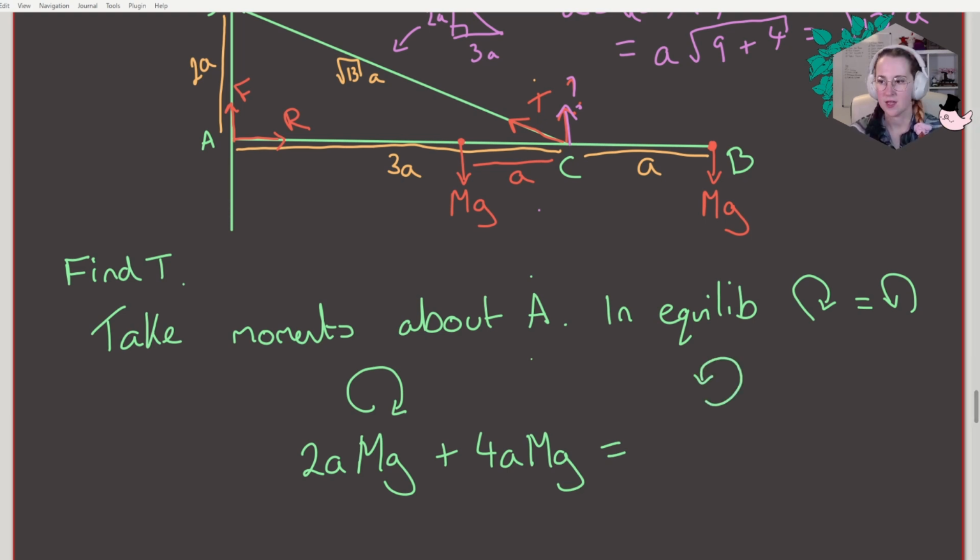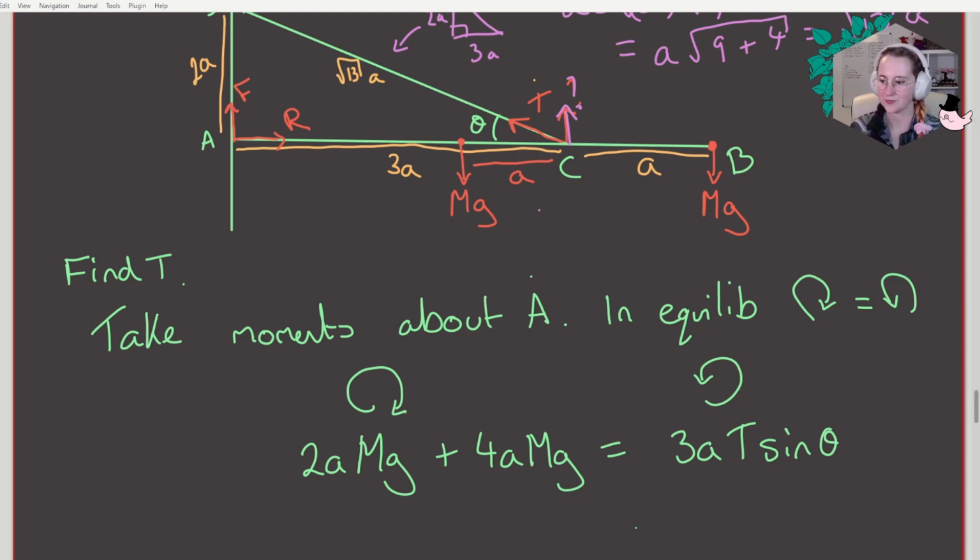anti-clockwise moment. Now we know that the tension contribution is a distance 3A away, so that is 3A T, and then I want the vertical component, so it's sine of theta.